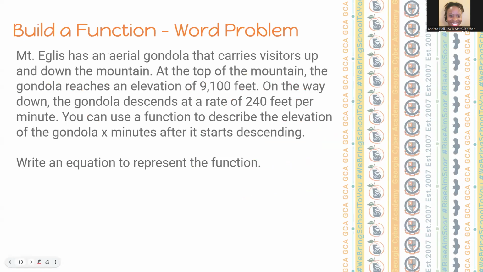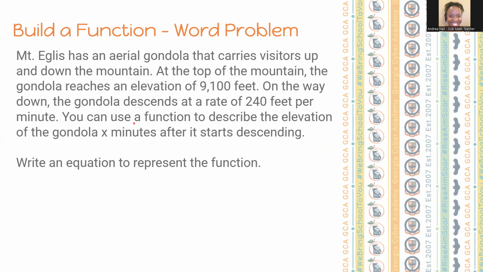Now let's talk about how we build a function from a word problem. Mount Eglis has an aerial gondola that carries visitors up and down the mountain. At the top of the mountain, the gondola reaches an elevation of 9,100 feet. On the way down, the gondola descends at a rate of 240 feet per minute.